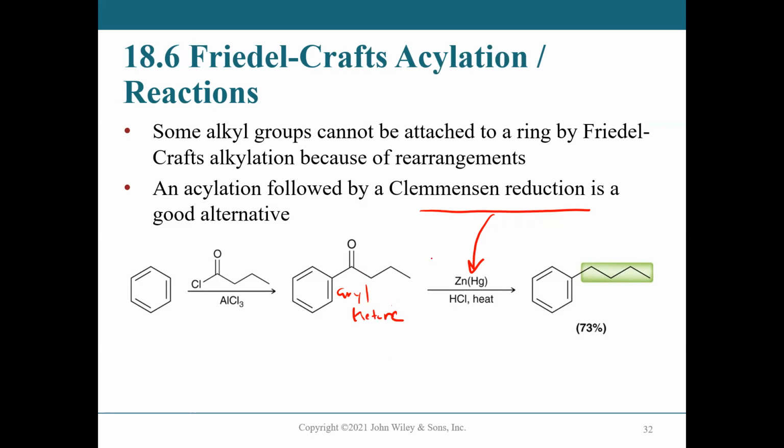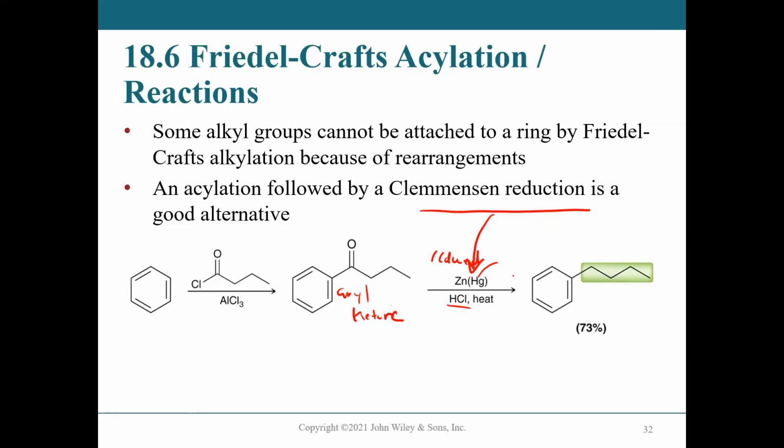And we reduce that with zinc, mercury, HCl, and heat. If you did this in a lab, you'd have to be careful about using this. Number one, you're using HCl. This is no joke to work with. And then you're using zinc mercury, and if you've read about mercury, mercury poisoning is real.